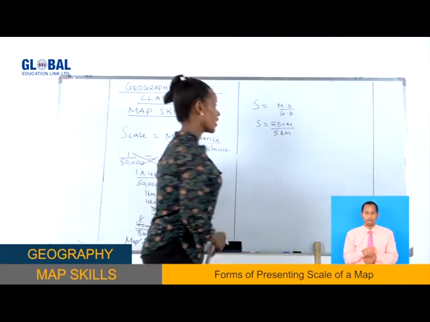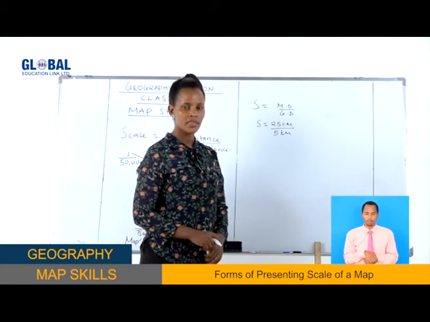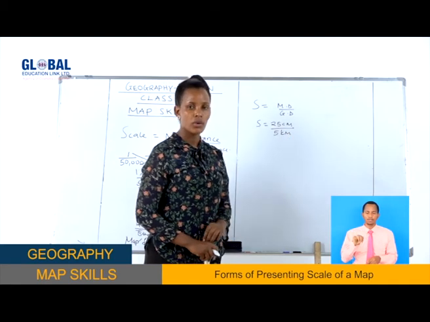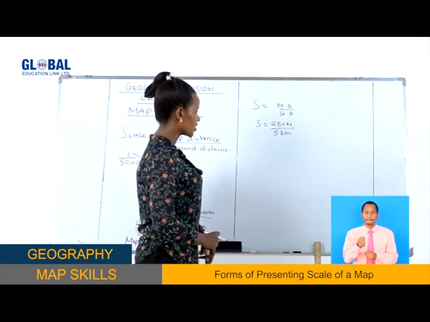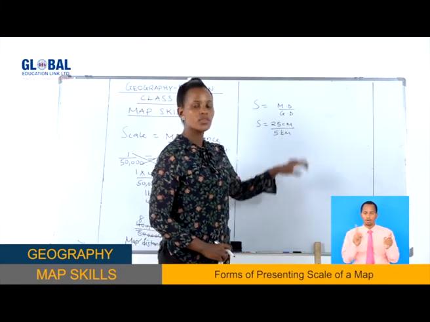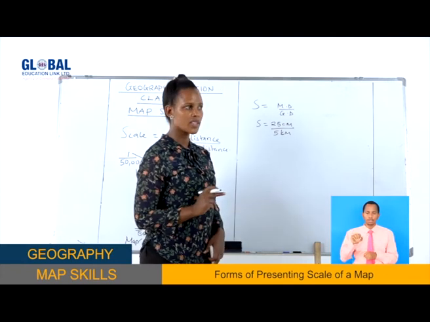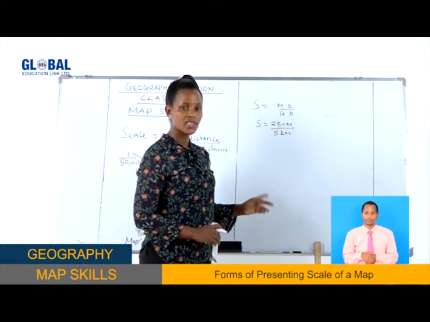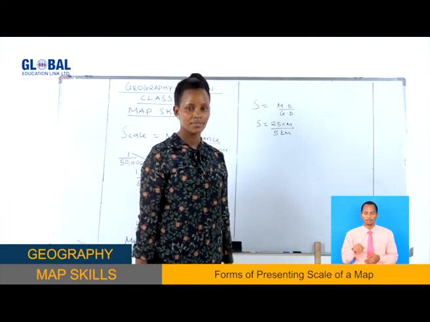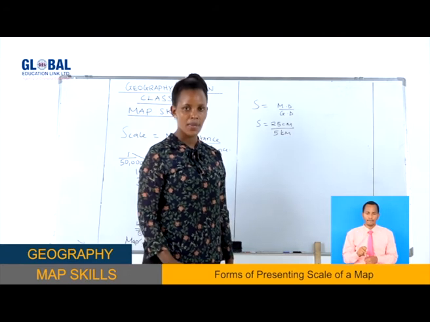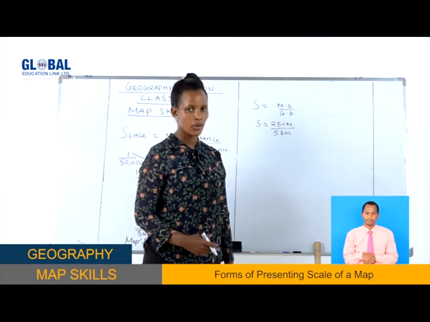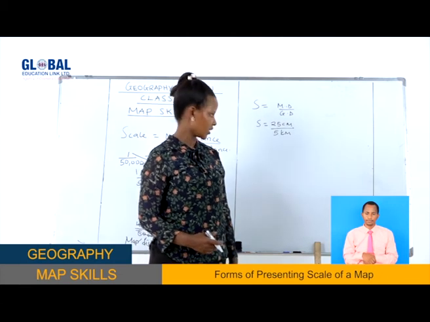As you can see here, these are in different units. We have centimeters and kilometers. So we cannot simplify until we change kilometers into centimeters. It is from the statement scale to representative fraction scale, and the representative fraction scale should be written as a ratio or fraction, but with the same metric unit of length, which is centimeter, though you are not supposed to write it.